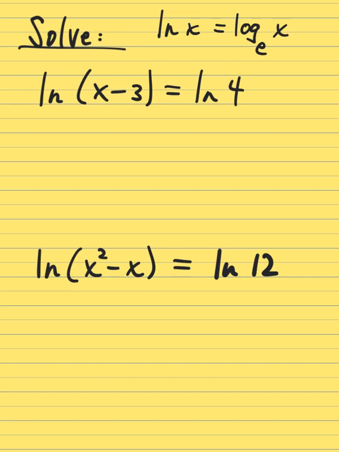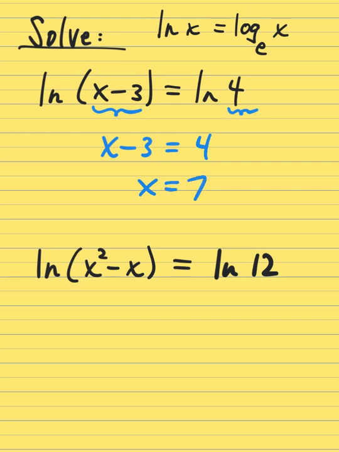Because logarithms are also one-to-one, you can set those parts equal to one another and solve. If you get a logarithm that's the same base, in this case they're both natural log, you can set those equal to one another and solve.